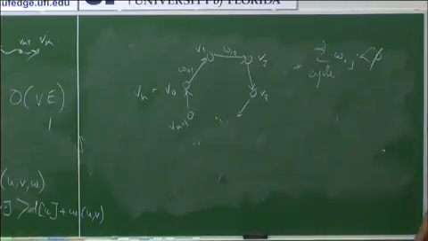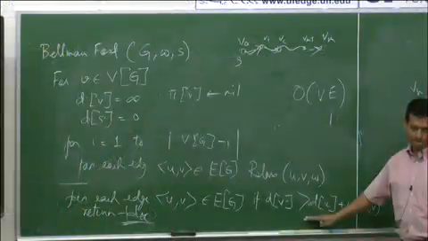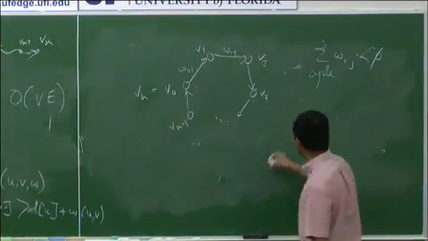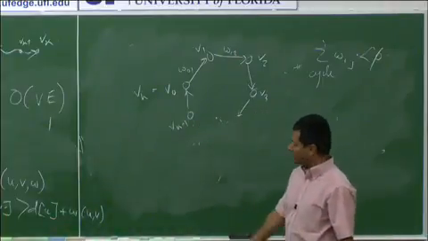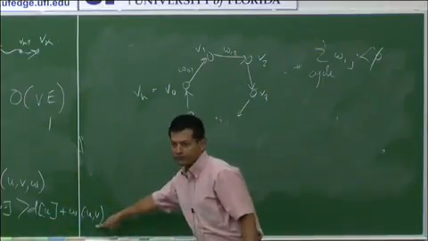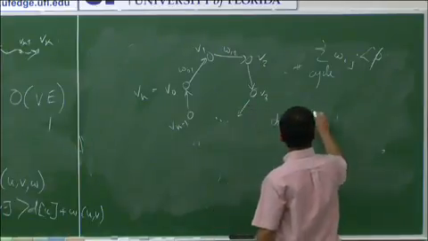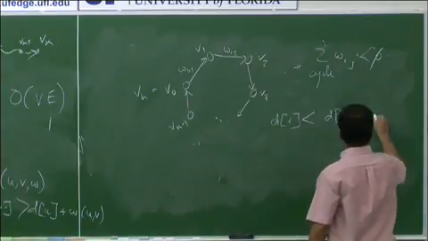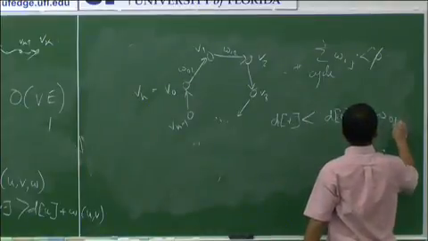Now, I am claiming that if this were not the case, then I cannot have a negative cycle, and that is actually very easy to see. So, what I am going to do is I am simply going to go with the converse of this. So, I am going to assume that d 1 is less than d 0 plus w 0.